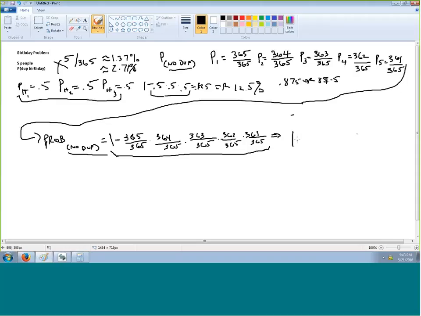Because let's see what we're doing. We have 1 minus, where 365 is n, n over n times n minus 1 over n times n minus 2 over n times n minus 3 over n times n minus 4 over n. Okay, and we'll take this over here. We'll say 1 minus, look at this, I got 1, 2, 3, 4, 5.